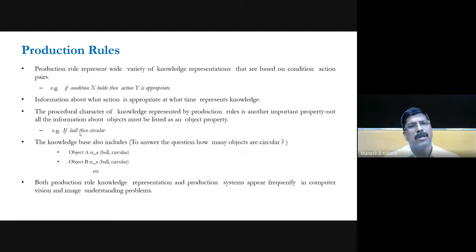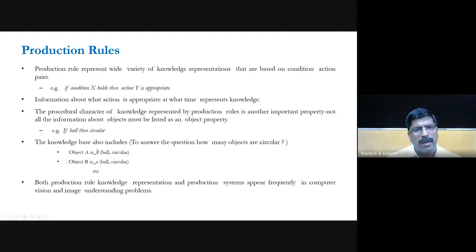So you have a complete knowledge base of many things. The knowledge base also includes, for example, the information to answer the question of how many objects are circular. Object A is a ball and circular, object B is also a ball and circular, maybe object A is smaller, object B is larger, or having medium radius and so on.